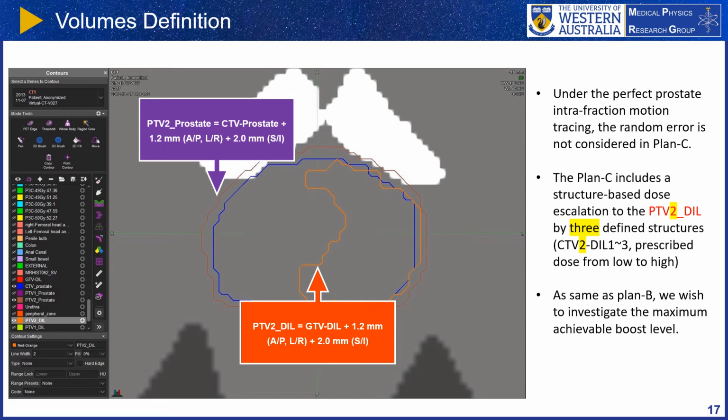The plan C includes a structure-based dose escalation to the PTV2 DIL by 3 defined structures. We name them as CTV2 DIL 1 to 3. And the same as plan B, we wish to investigate the maximum achievable boost level.